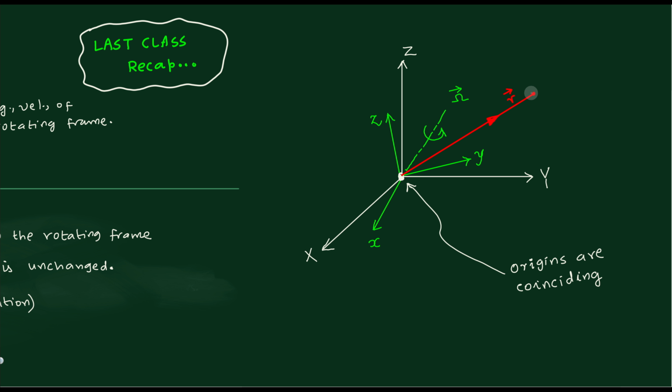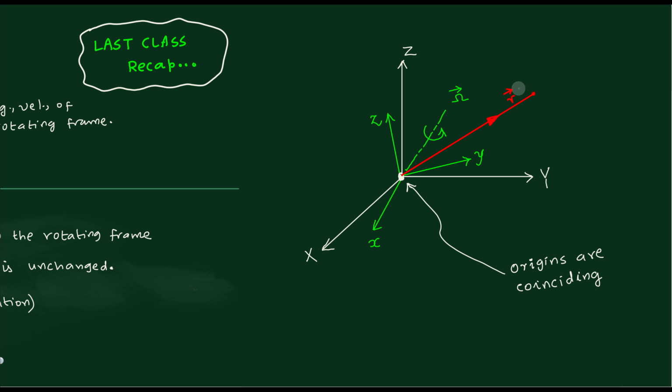And ultimately what we have done in the last class is, if this is the situation, this is how the scenario is, we are interested in knowing what could be the time derivative of the R vector. Time derivative of R vector means what happens if the aeroplane moves, what happens if the aeroplane rotates, whatever it is. Some dynamics is going on to the rigid body. So we would like to know the temporal evolution of that R vector or the position vector.